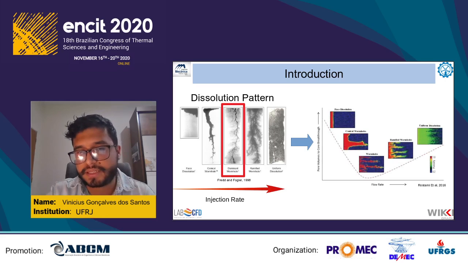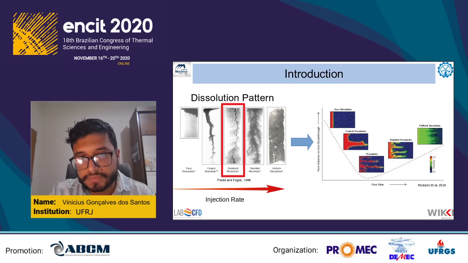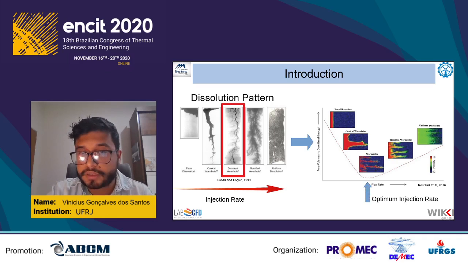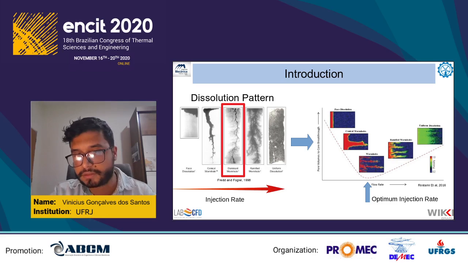If you represent the relationship between the flow rate and the volume of acid used to perform acidizing testing experiments, you have the optimum injection rate when you have the dissolution pattern like wormholes.